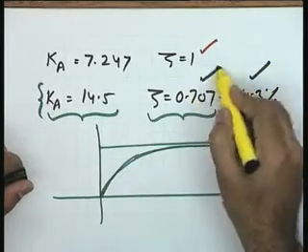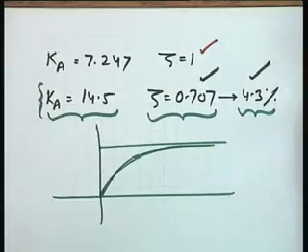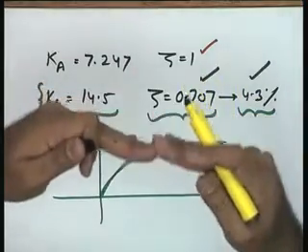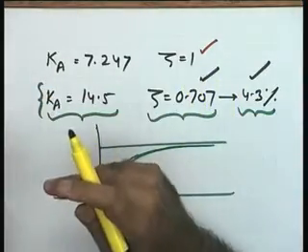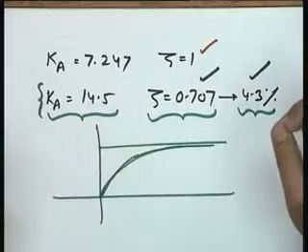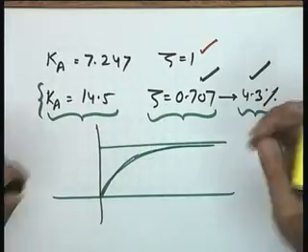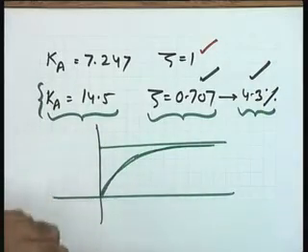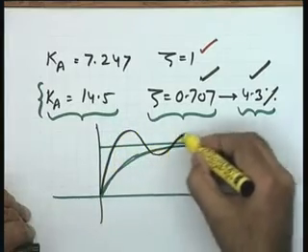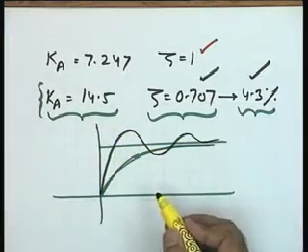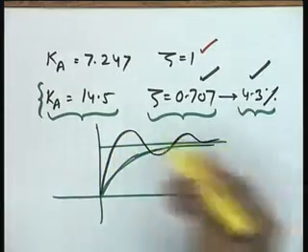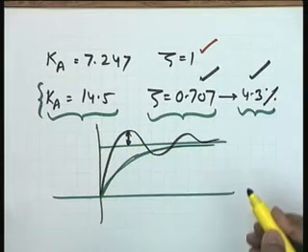Well, zeta equal to 0.707 is a good value because the settling time in this particular case is going to be low, probably the lowest settling time, and correspondingly the rise time in this particular case will be low, the peak time will be low, everything is quite good, and 4.3% is the only price I am paying.